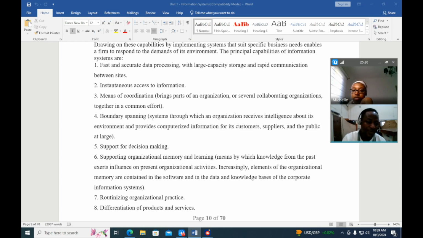Number 5 capability is they offer support for decision making.